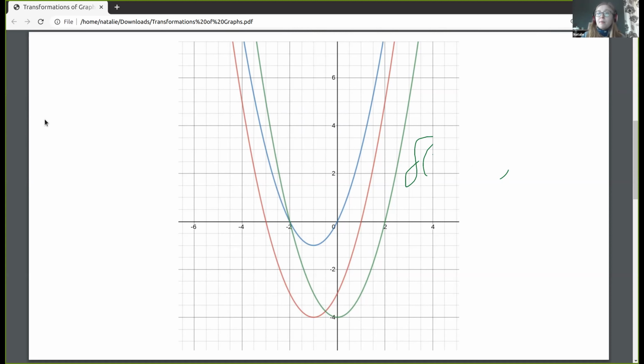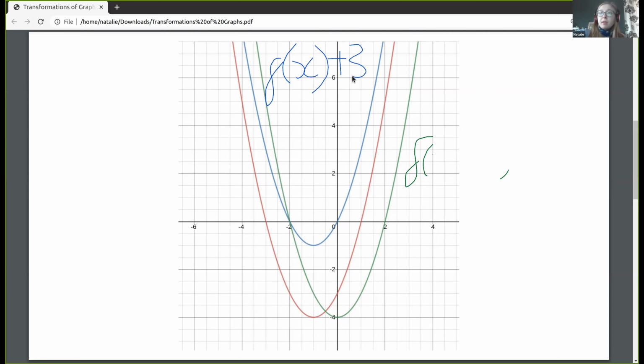So how would I get from the red graph to the blue graph? Have a think. Well, the answer is that my graph has moved up by 3. And so that would be f of x plus 3.